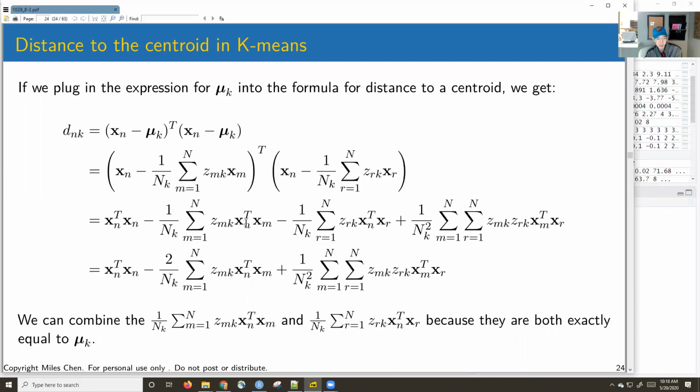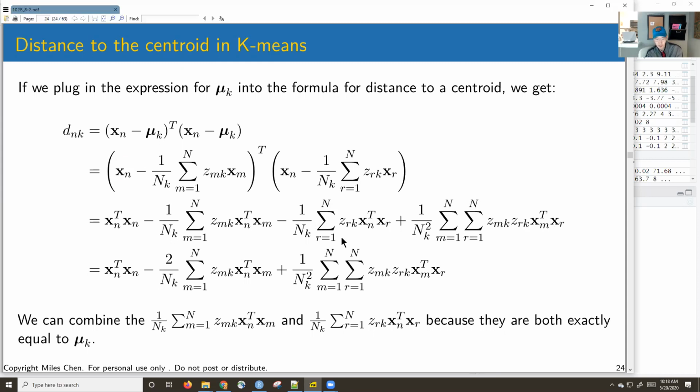And then we'll do the next. We'll take the outer xn transpose multiplied by this quantity here, which will give me this, xn transpose xr. And then lastly, the last terms, I'm going to get 1 over n sub k squared, and now I've got a double sum of xm's and xr's, with xm and xr transpose here.